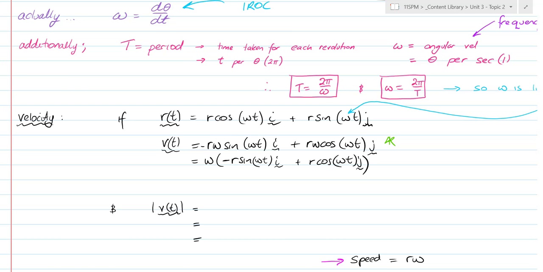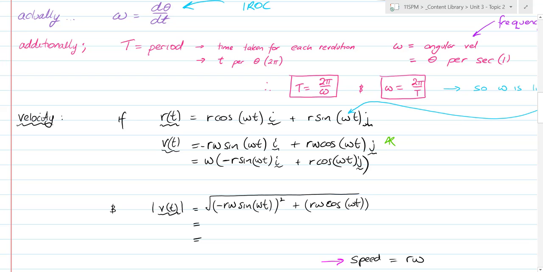The speed of this thing is equal to the magnitude of v(t), which is equal to the square root of negative r omega sine omega t, squared, plus r omega cos omega t, squared.